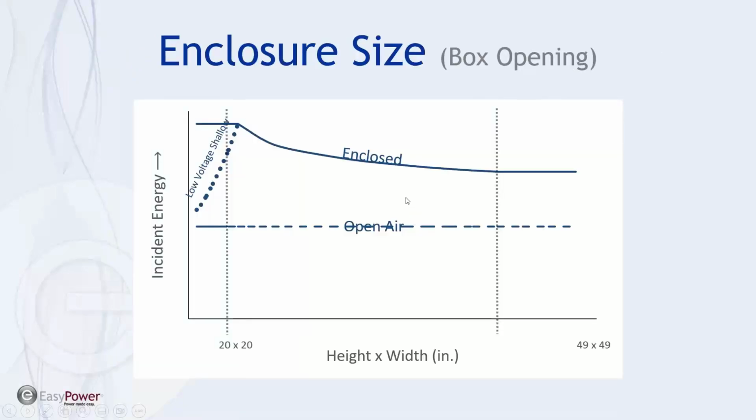Enclosure size has an effect on the incident energy, pretty much like this plot here, which shows less on high voltage or medium voltage applications, less than a 20 by 20 box. There's the worst case amplification of incident energy versus open air incident energy. And then that reduces up to the point of a 49 by 49 dimension, and then it levels off and there's no reduction.